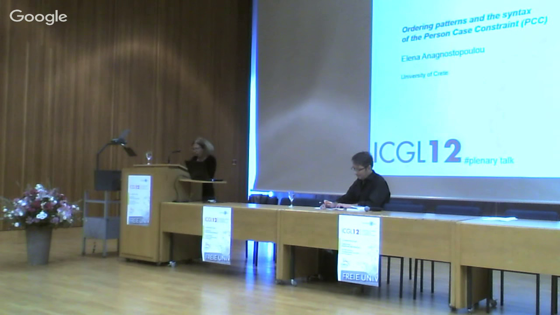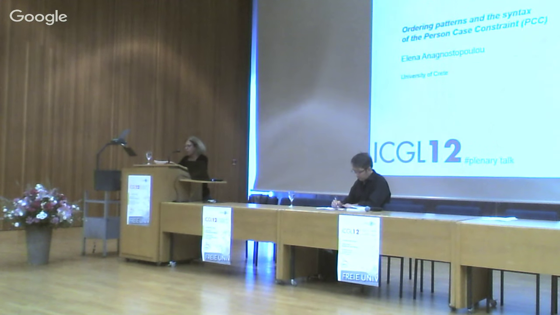What I would like to discuss today is a pathway for syntactic approaches to the Person Case Constraint, mainly that it arises in both indirect object direct object and direct object indirect object clusters. This is a problem for syntactic approaches to the PCC, because they provide a syntax for the PCC, and by doing so, they make the prediction that it is realized in one order and not in both.